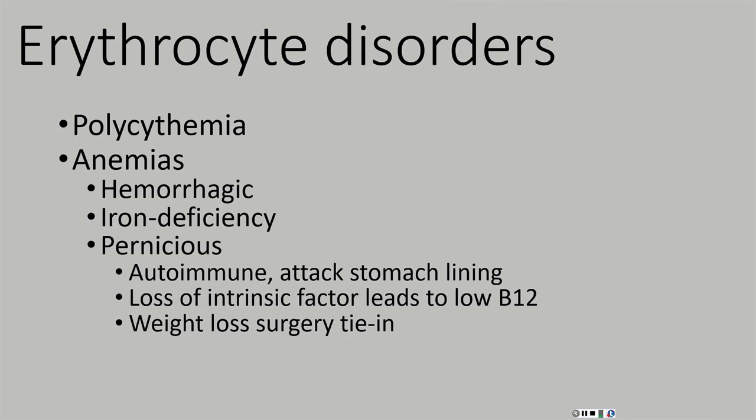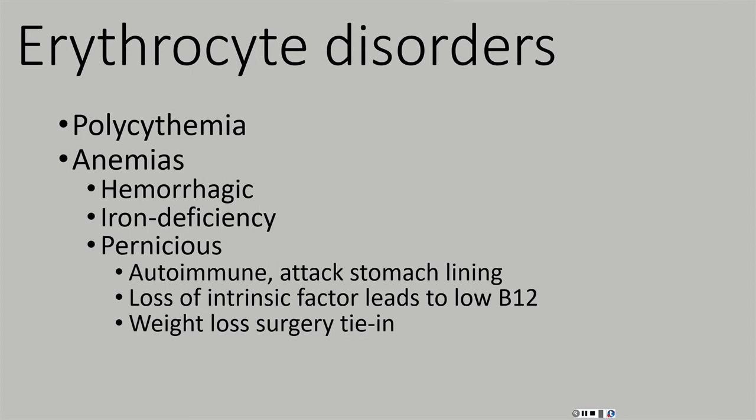Now, pernicious anemia, this is something that I talked about in the previous lecture that I haven't gone back to listen to, but the more I thought about it, I think I actually said it backwards. In pernicious anemia, it's an autoimmune disease, and autoimmune disease just means that your own immune system thinks that some part of your body is foreign, so it starts attacking it. Those were mentioned briefly in Bio 137. In pernicious anemia, your immune system thinks that your stomach lining is foreign, so it starts to break your stomach lining down.